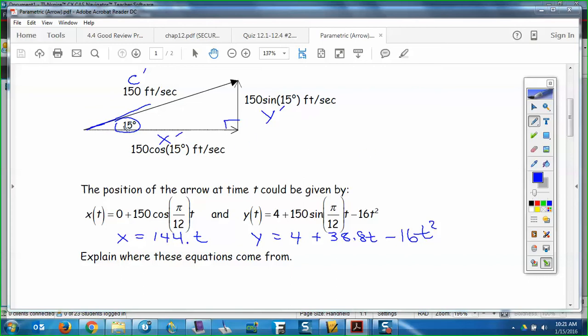The cosine of 15 degrees would equal X prime over 150, right? It's just the adjacent over the hypotenuse. So you multiply both sides by 150. So 150 cosine 15 degrees is your X prime. So that's where that came from. Okay. Now, if I do the antiderivative of X prime, what should that give me?